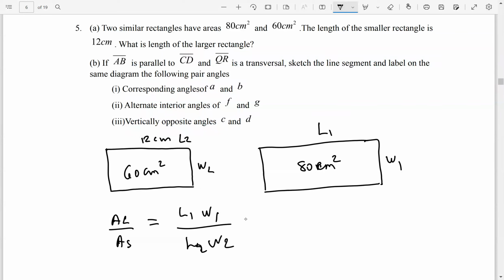And because these are similar shapes, L1 over L2 multiplied by width 1 over width 2, all this is the same as k square.